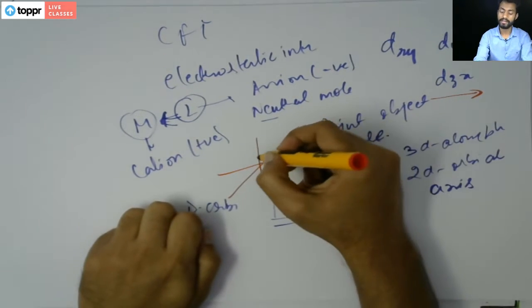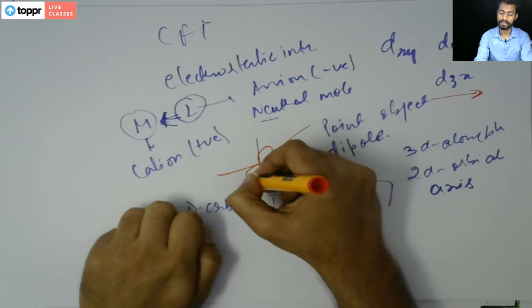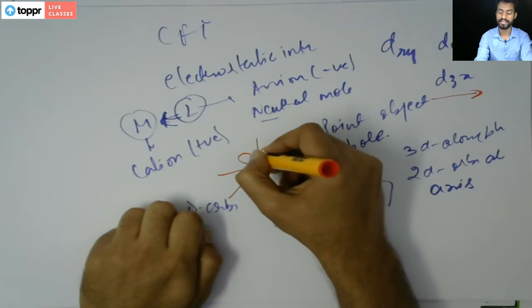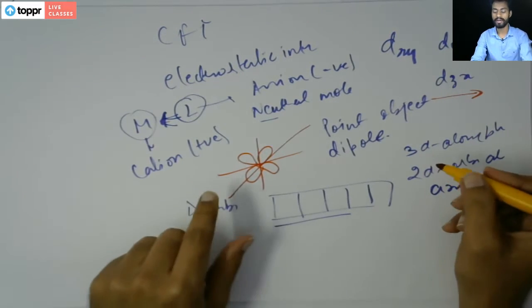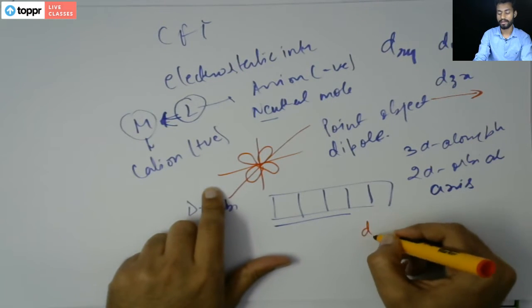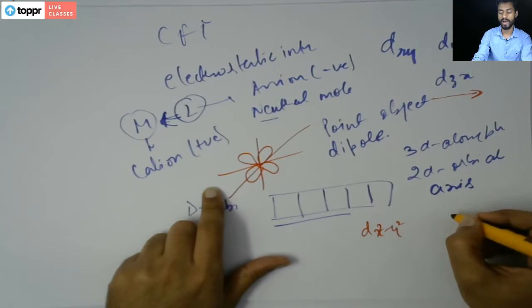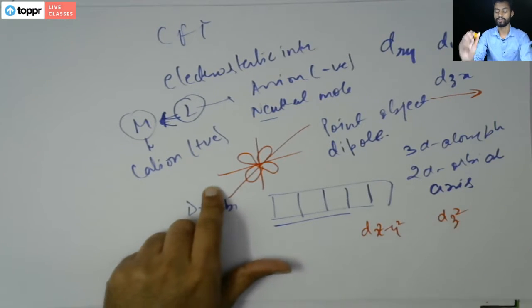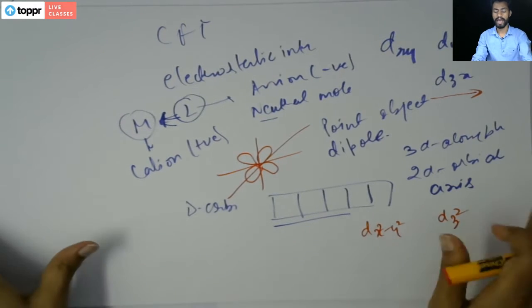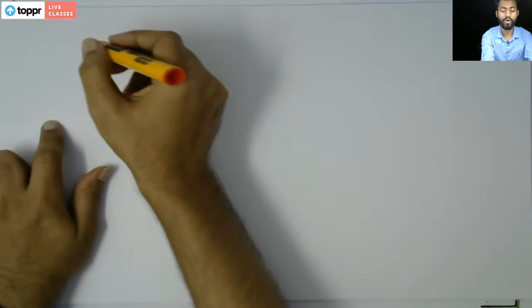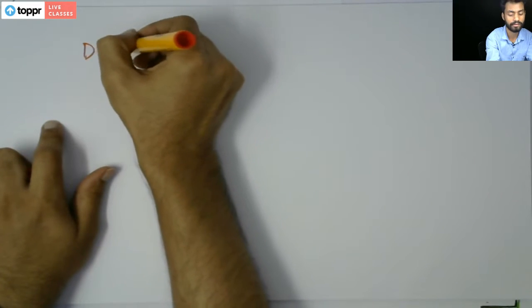These orbitals are along the xy, yz, and zx planes. So these are planar orbitals, and 2 orbitals are axial orbitals. They are dx square minus y square and dz square. Basically all these orbitals have equal energy, which we call degenerate orbitals.